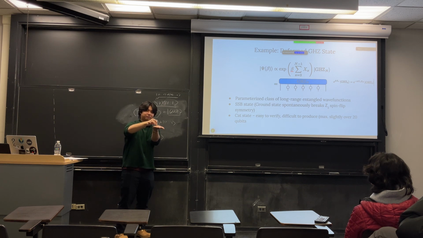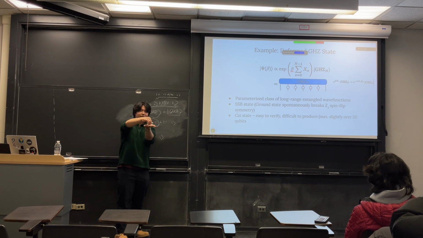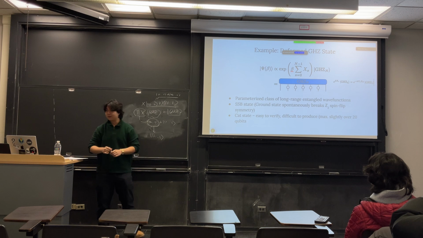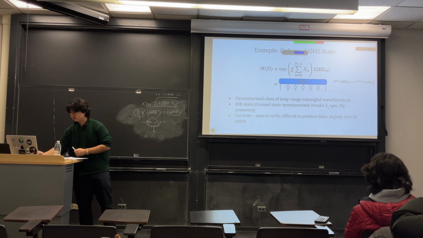You can collapse the wave function, it can be something like this. For a GHZ state, you would just have zeros and ones. But for something like this, you could have this or this or this, but these are all symmetry breaking. That's one analogy for what I mean by an SSB state. If that doesn't make sense, you don't have to worry about it. It's just one quality of this GHZ state that is worth noting and part of the reason why we're interested in creating it.